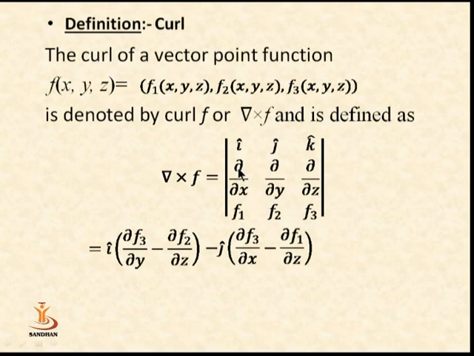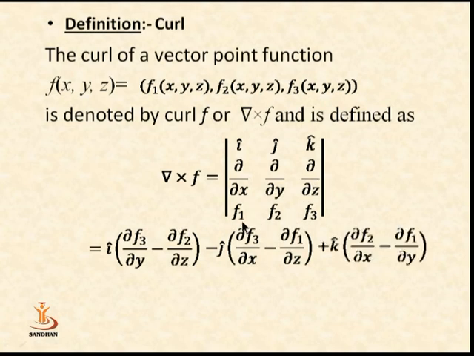Here we differentiate f3 with respect to x, because we do not use the second column, we only use the first and third columns. So del upon del x of f3 minus, in the cross, we get the differentiation of f1 with respect to z.